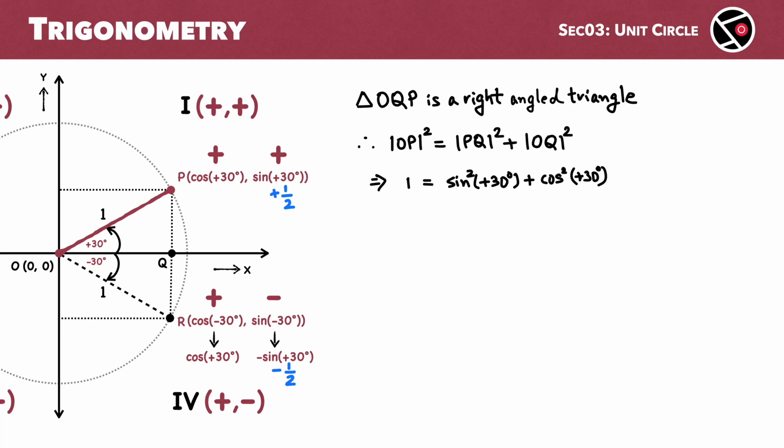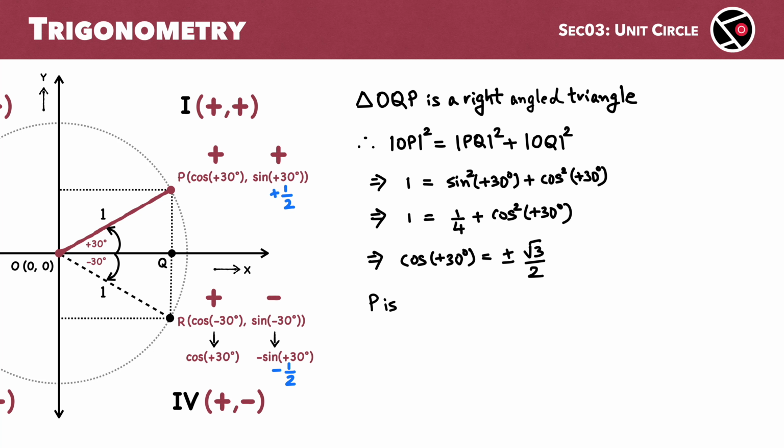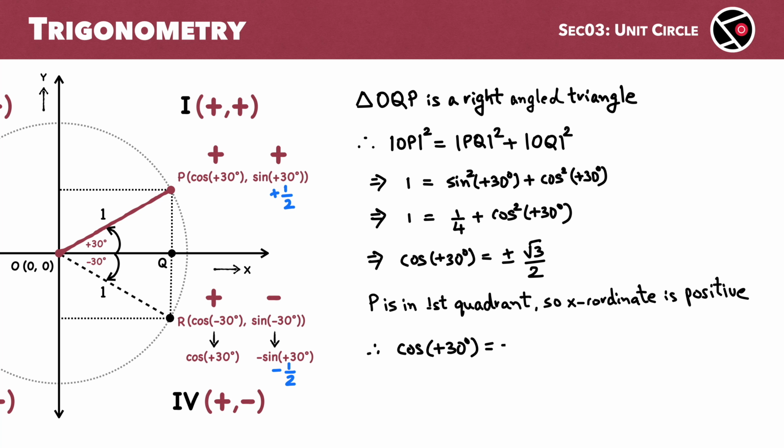Since sine of plus 30 degrees is 1 by 2, we have cos of plus 30 degrees equals plus minus square root of 3 by 2. Now P is in the first quadrant, where the x-coordinate is positive. So we reject the negative value. Cos of plus 30 degrees equals plus square root 3 by 2.